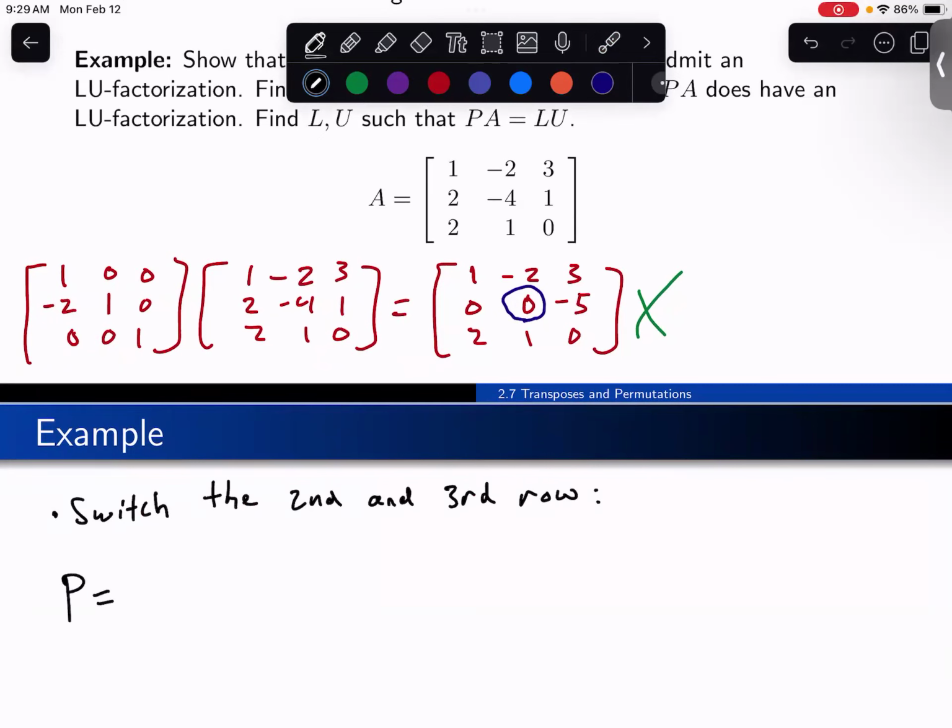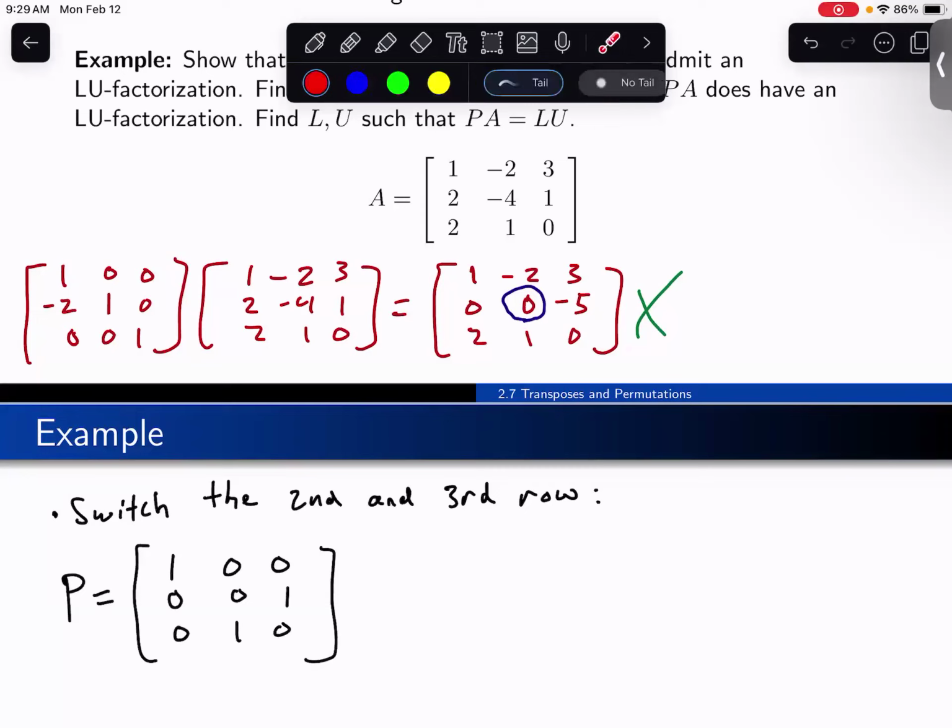How we get the permutation matrix of interest is you take the identity matrix and switch the second and third rows of the identity matrix. So the first row will be the exact same as the identity matrix, but then the second row is going to be 0, 0, 1. And then the third row is going to be 0, 1, 0. So we took the identity matrix and just switched the second and the third rows with one another.